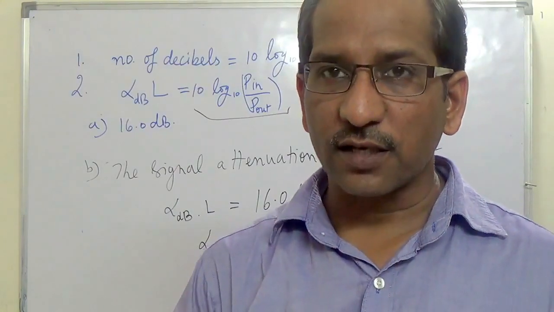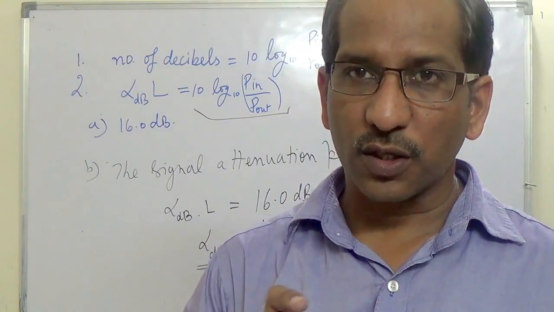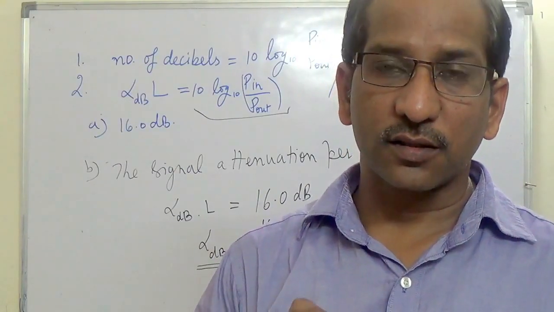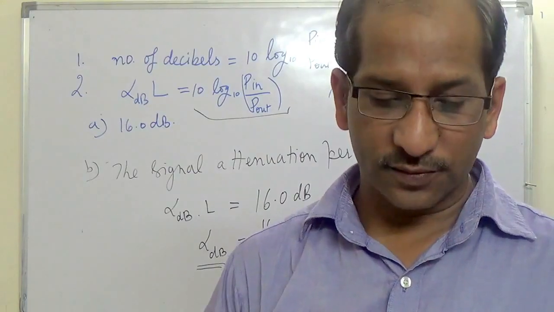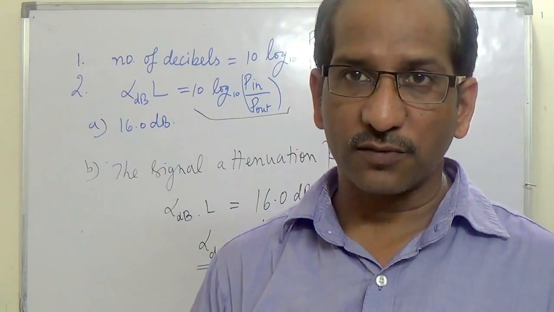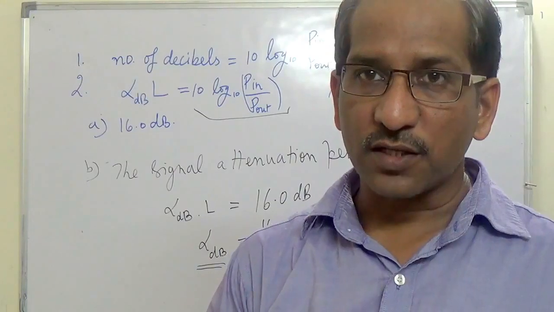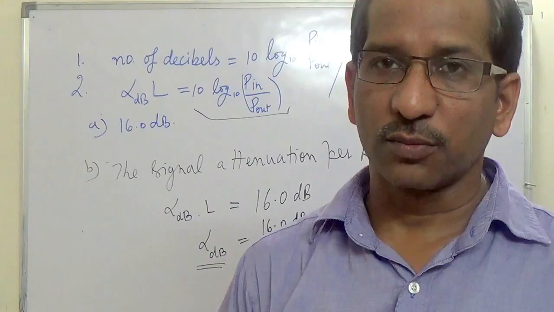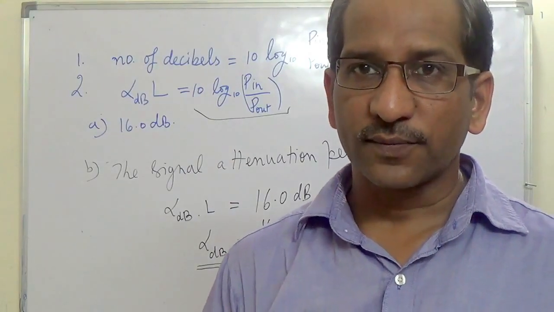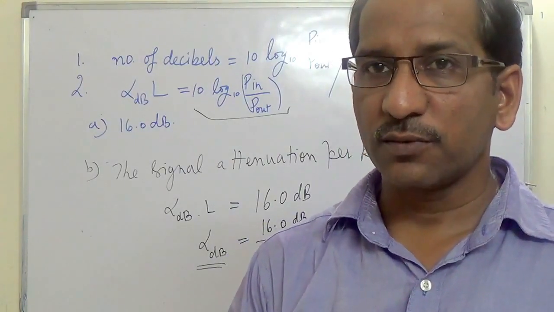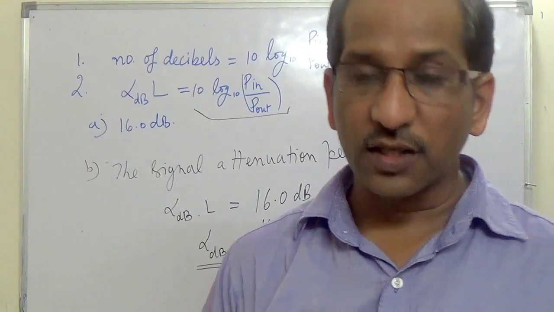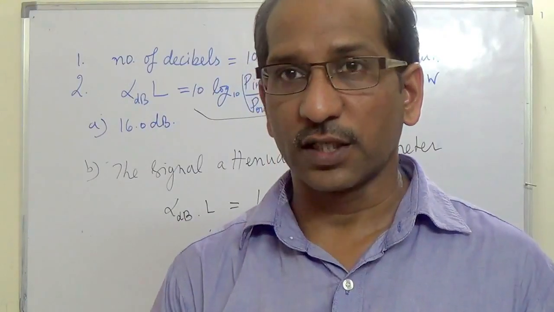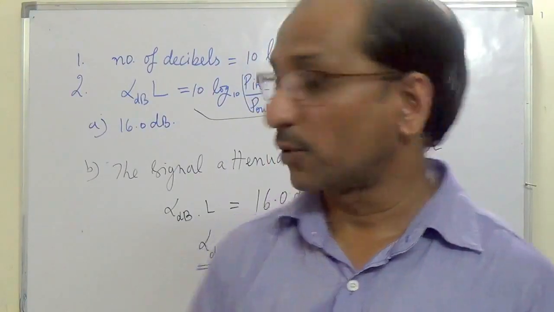So this overall length is 10 km, but that 10 kilometer length of the optical fiber is made by some connectors, and each section has the length of 1 km. So overall in 10 km how many intervals will be there? There will be 9. So there will be 9 connectors. This is the only point basically in this part of the numerical problem.